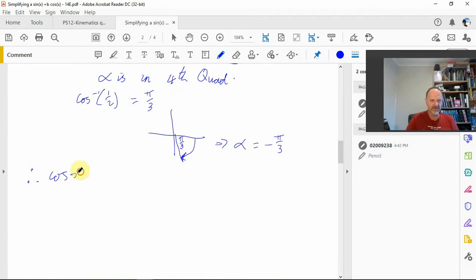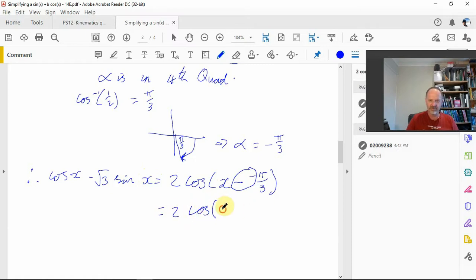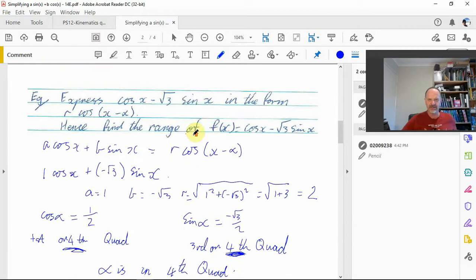So cos x minus root 3 sin x equals r, which is 2, cos(x - alpha), so minus negative pi on 3, is 2 cos(x + pi on 3). All right, so we've done that. Now let's just go back. Hence, find the range of this.